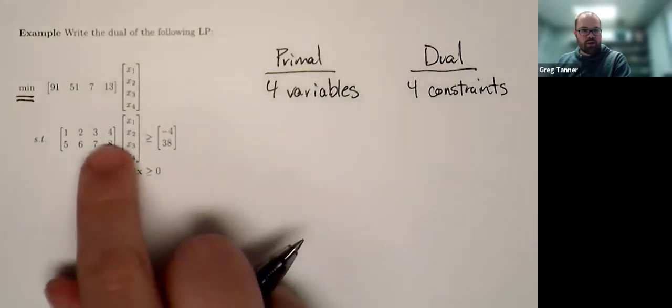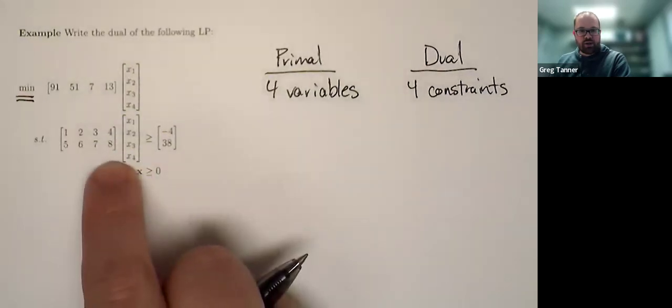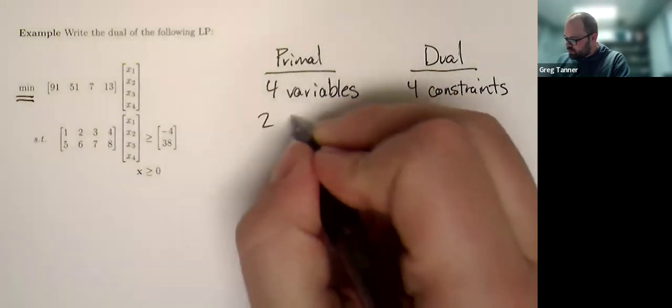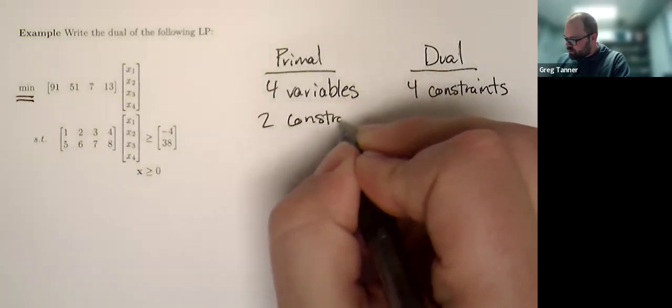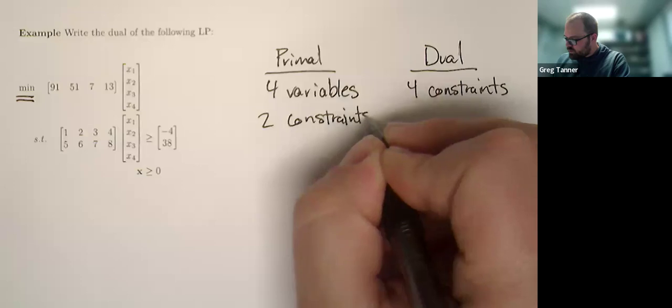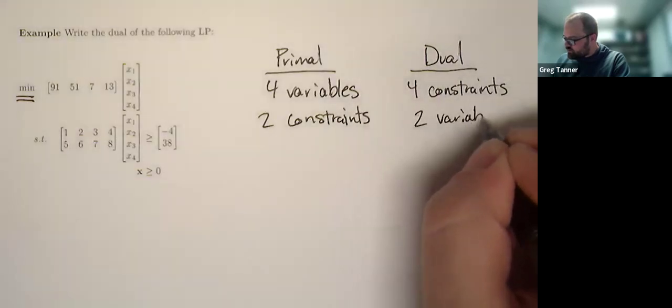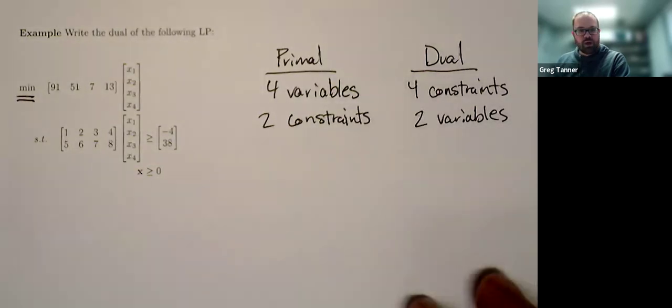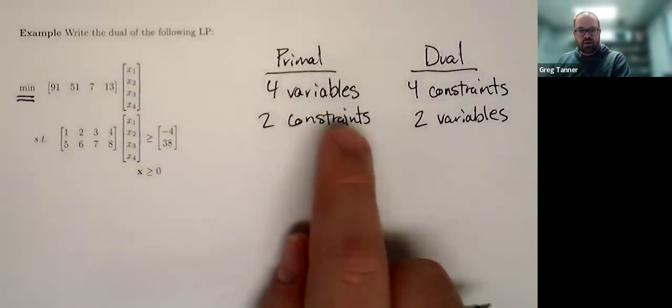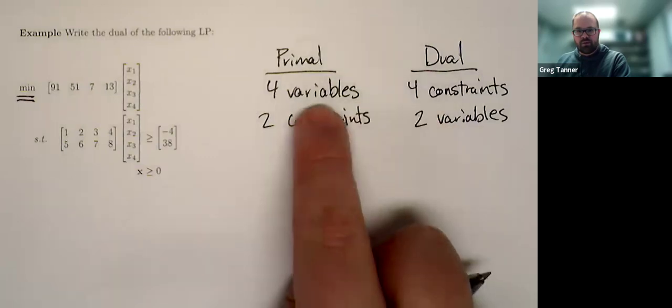Okay, and then here we've got 2 constraints for our primal problem, which will correspond to two variables in the dual problem. Okay, so constraints to variables, variables to constraints.